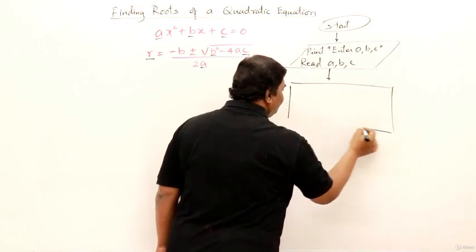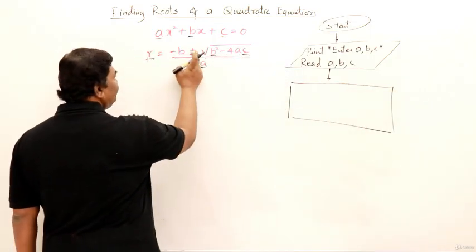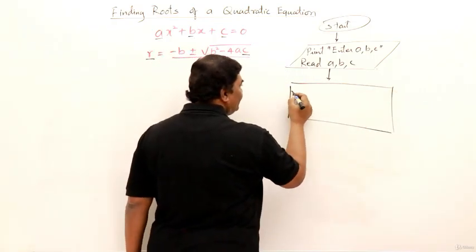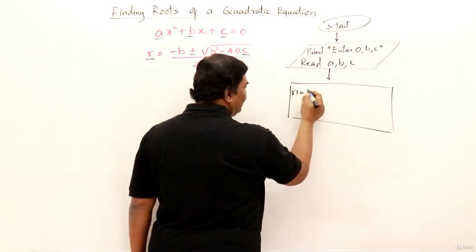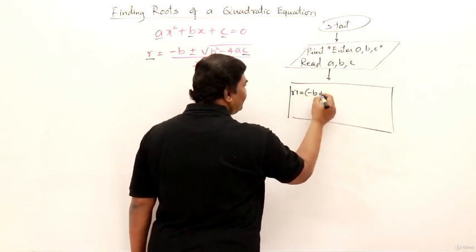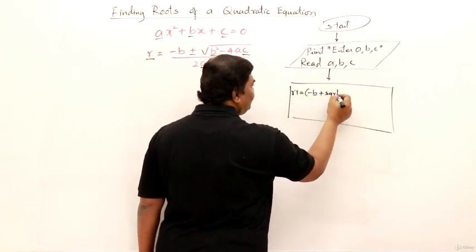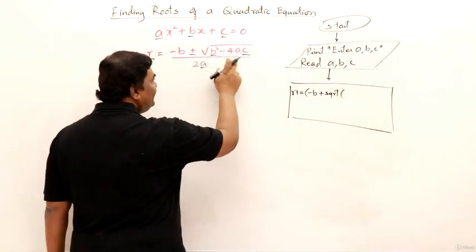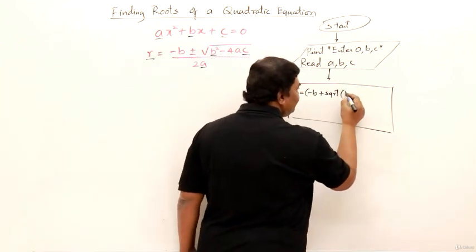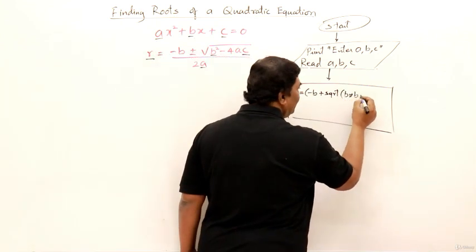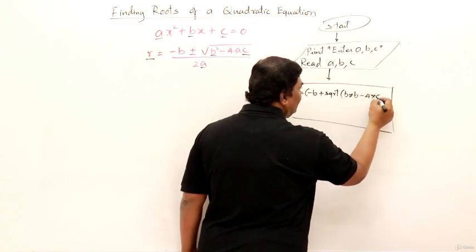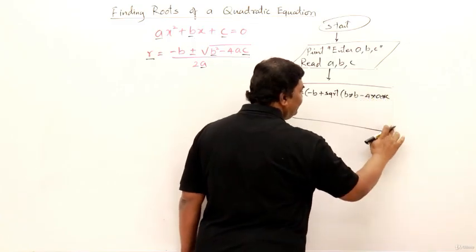Next is the process. In the process, we get two roots, because one is with plus and one is with minus. R1 is the first root, and that is minus b plus SQRT of b square minus 4ac. So this is b into b minus 4 into a into c. I need more space.